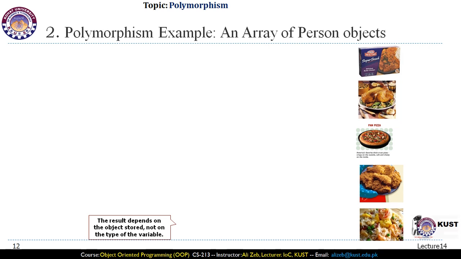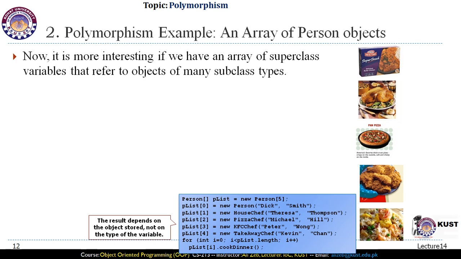What we can do here is that we can create an array of person objects, as we can see in this example. If we create a list of the person objects or an array of the person objects, we can initialize the objects of the subclasses using a reference to the superclass.